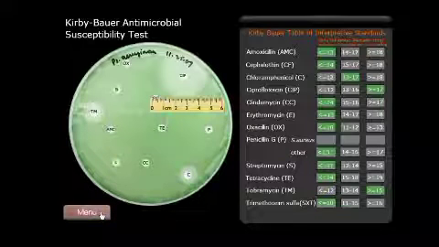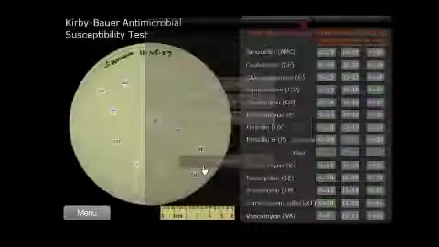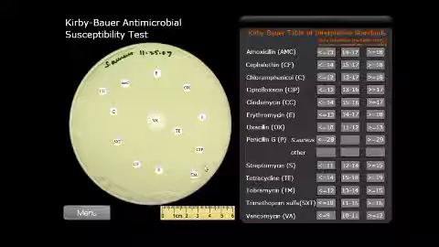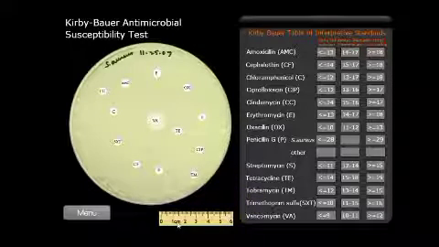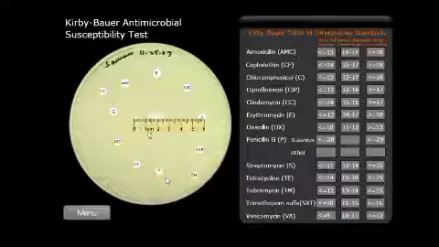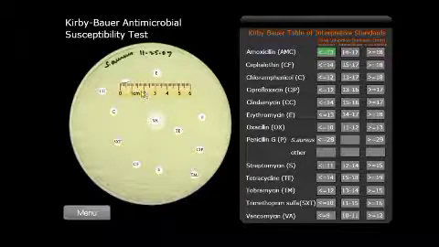For the last bacteria, which is Staphylococcus aureus, I will use this ruler too to measure the zone inhibition diameter for the antibiotics. For the first antibiotic, which is AMC, I got 7, which is resistant.